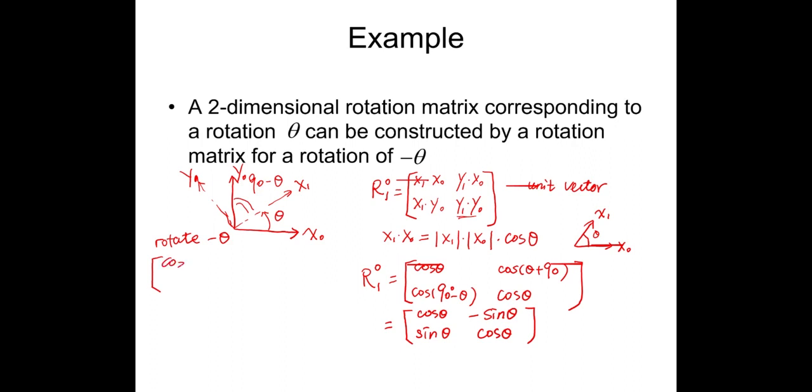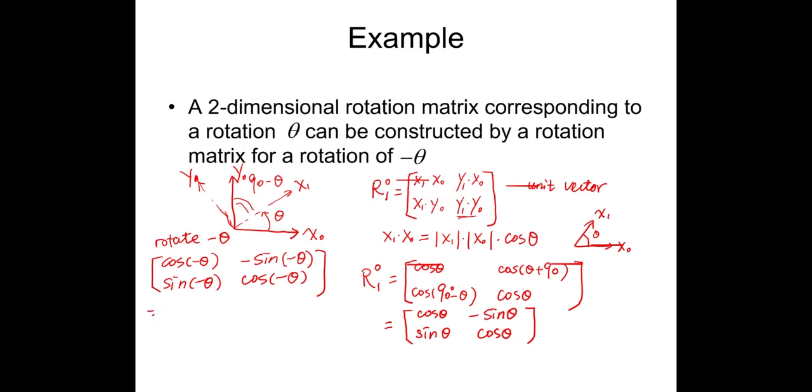I'll have cosine negative theta, negative sine negative theta, and this is going to be sine negative theta, and this is cosine negative theta. So I'm just replacing all these theta with negative theta, which means a rotation of negative theta.